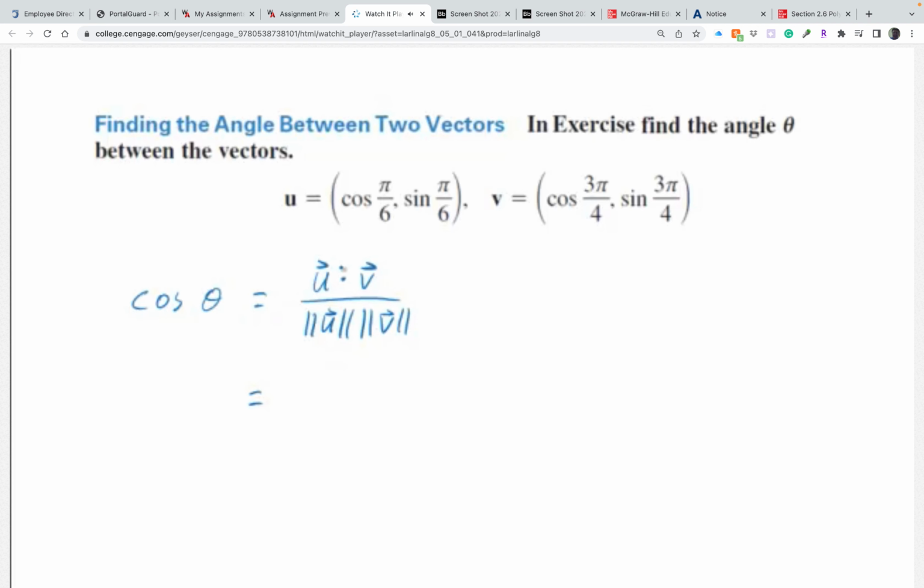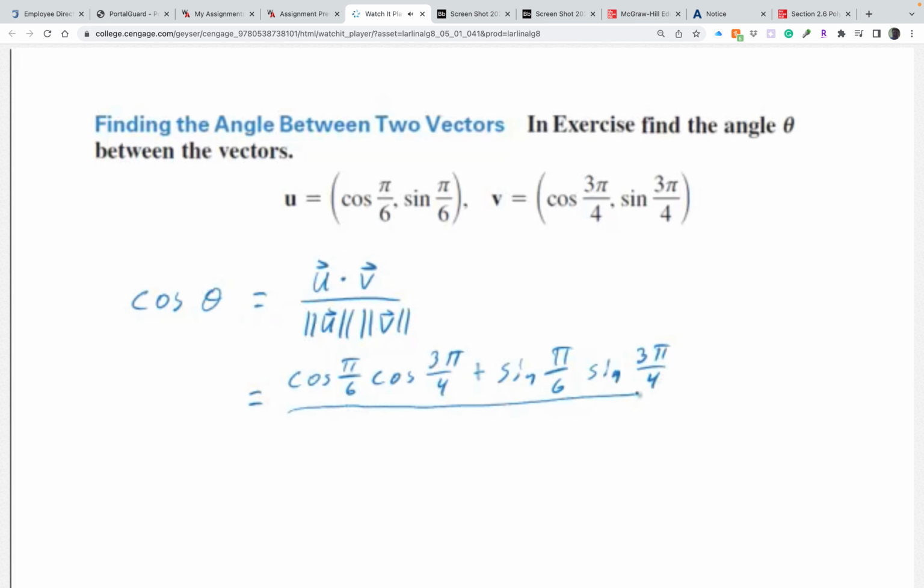Plugging in the values of u and v for the numerator, we will have u dotted with v, therefore we will have cosine of pi over 6 times cosine of 3 pi over 4. And we will add to that sine of pi over 6 times sine of 3 pi over 4.